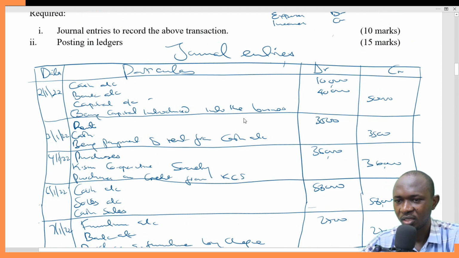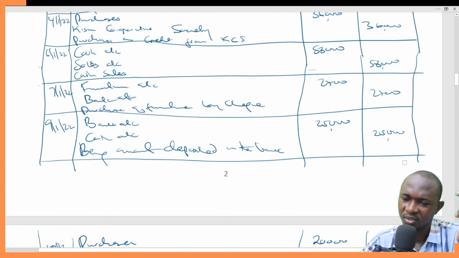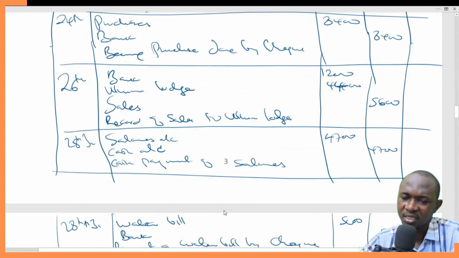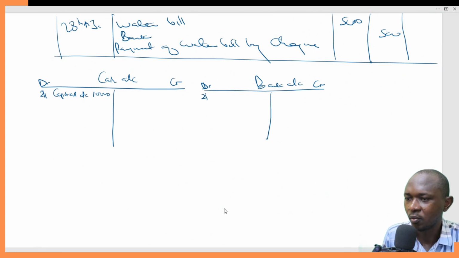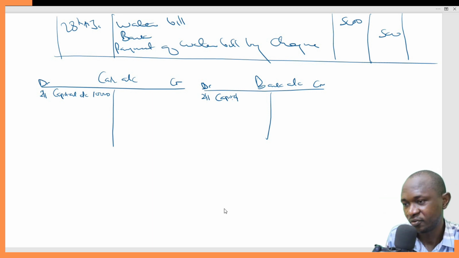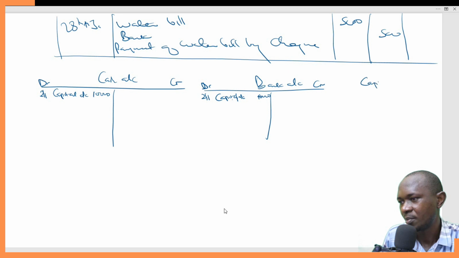So come here, 2nd January, then you say capital account. You always mention the other account that has received the opposite kind of treatment. So in this case, it's the capital account that is the reason for this. So capital account, how much? 40,000. Then you open the capital account like that. And under the capital account, you also have credit and debit side.